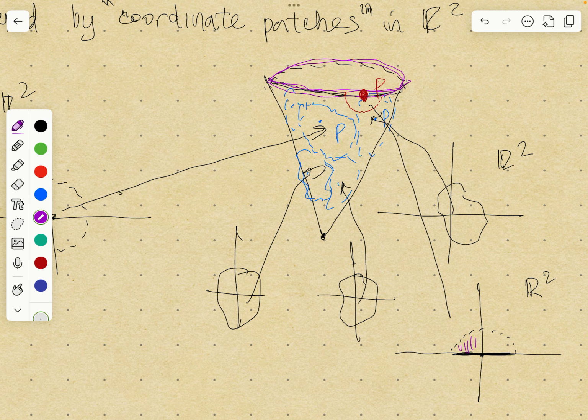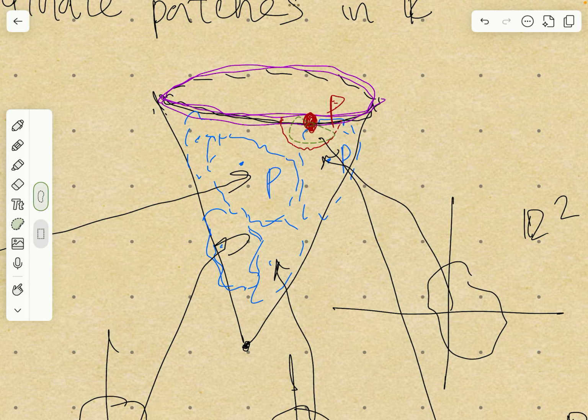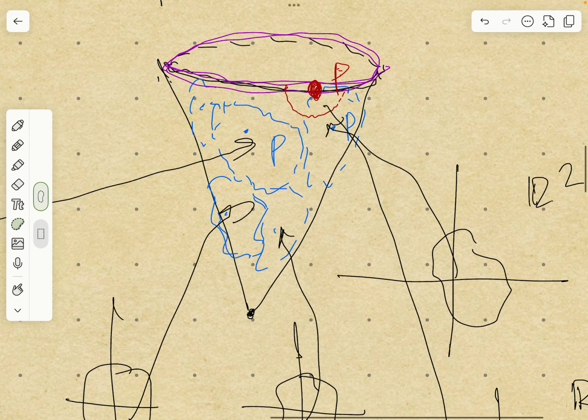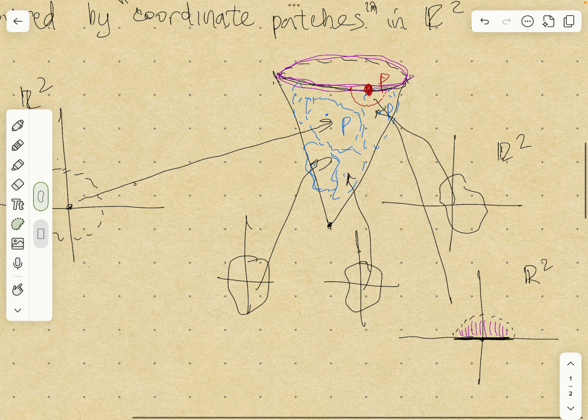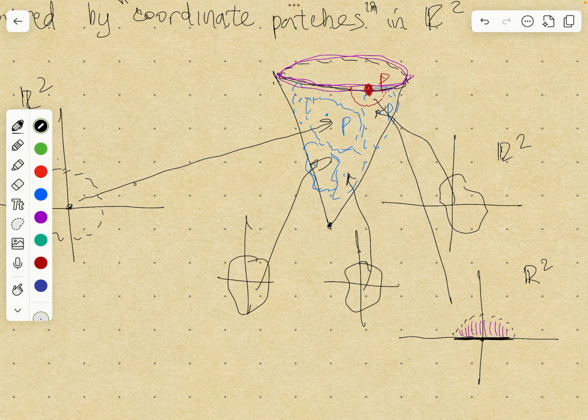Well, there's a solid line here that will go to this edge, and then the interior points here will go to the interior points here. Okay, so this is not an open set in R2, right? That's not an open set in R2.